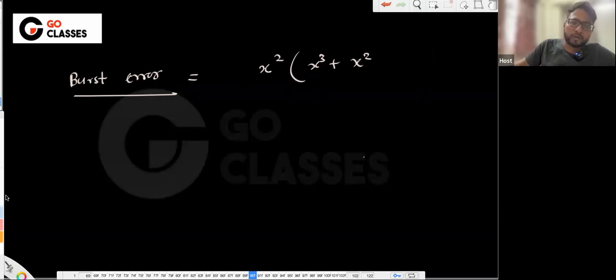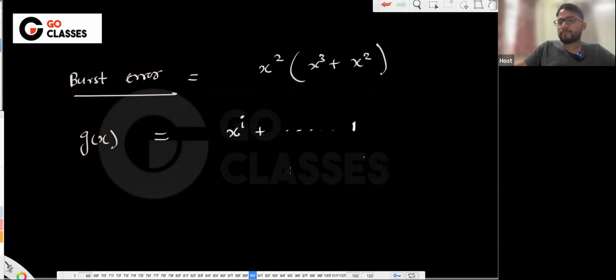So you can write your burst error something like this. Now what I'm saying, I'm going to have a generator g(x) such that it does not divide this, and also it does not divide this. Let's have a generator which should not divide this and this. So let's say my generator is this, contiguously till 1.